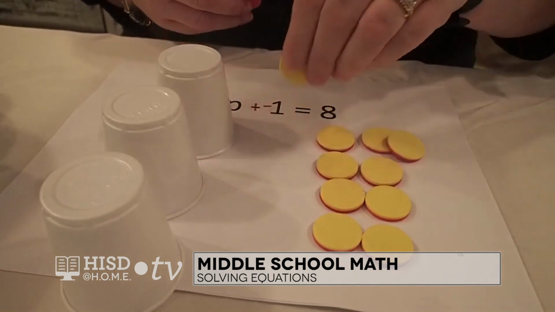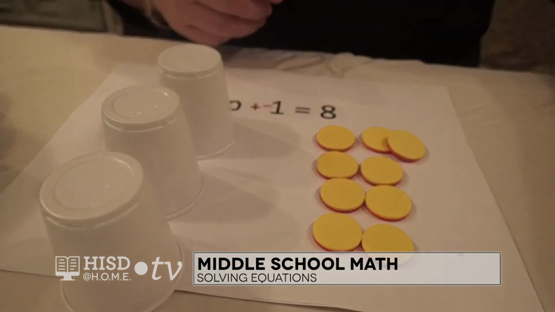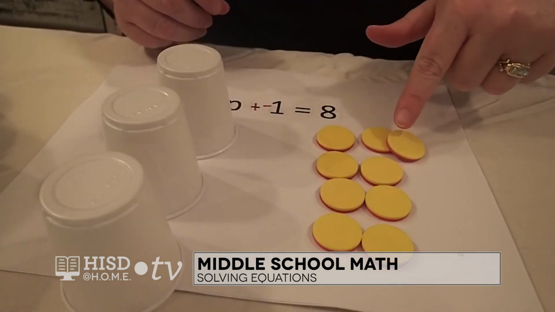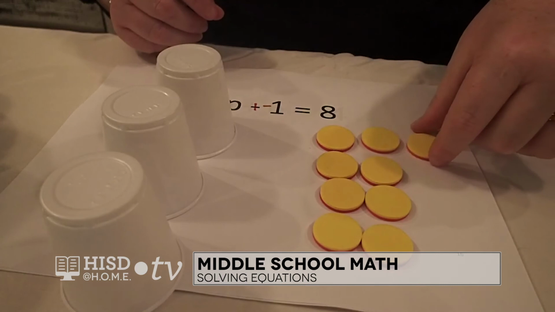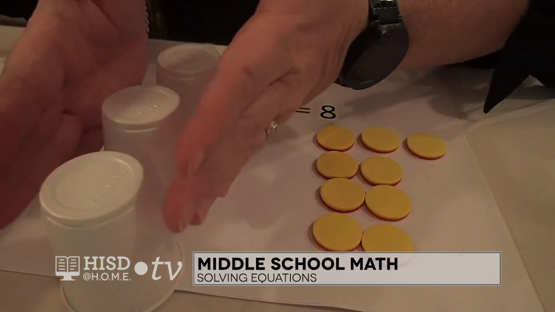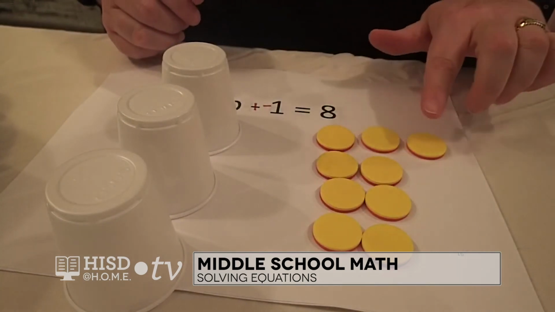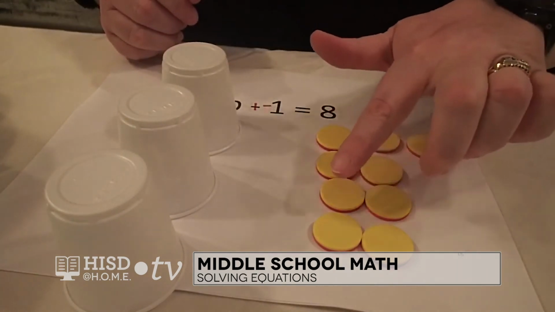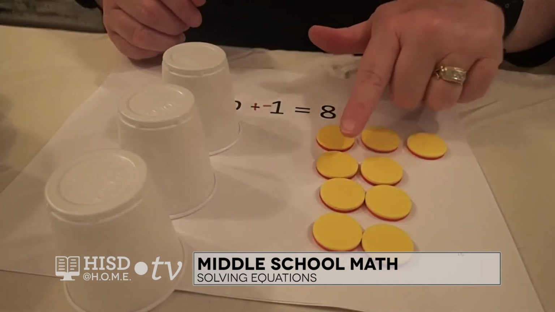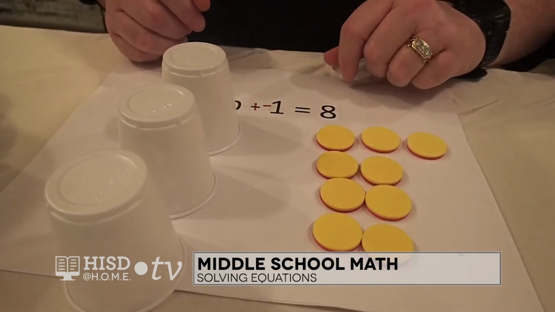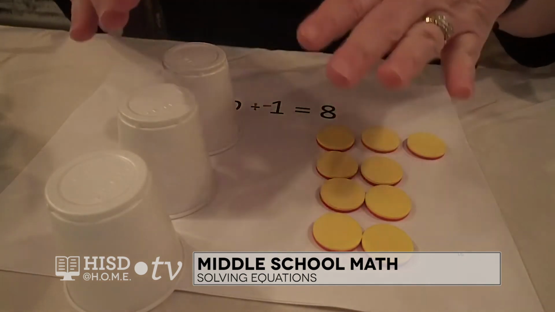That's right, they make 0. That's why they're 0 pairs. And this doesn't have a 0 pair to make with anyone, so he just gets added into the group. Now I have 3 x's or 3 p's, 3 variables, and I have 1, 2, 3, 4, 5, 6, 7, 8, 9. I have 9 counters.